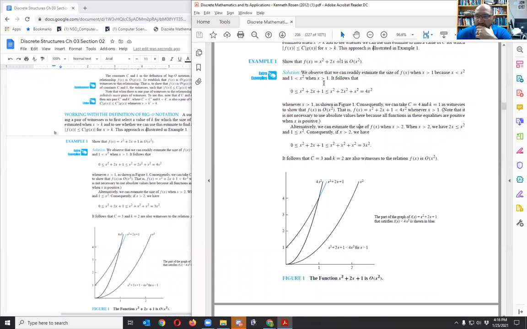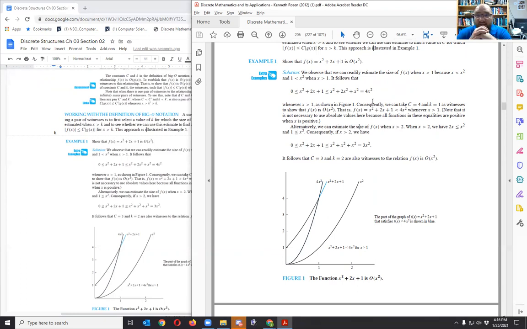It follows that 0 is less than x squared plus 2x plus 1, which is less than x squared plus 2x squared plus x squared, which is equal to 4x squared, whenever x is greater than 1, as shown in figure 1. Consequently, c can take 4 and k can take 1 as witnesses to show that f of x is on the order of x squared.